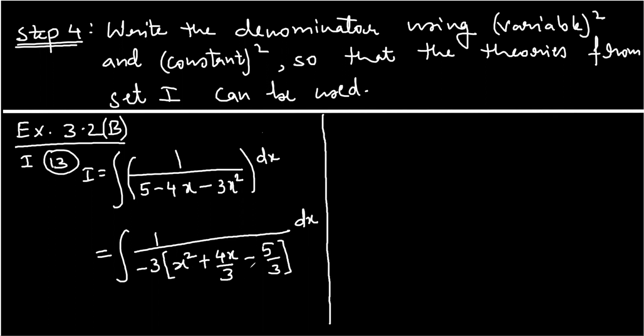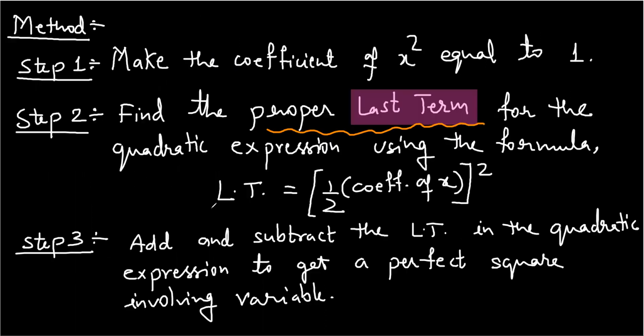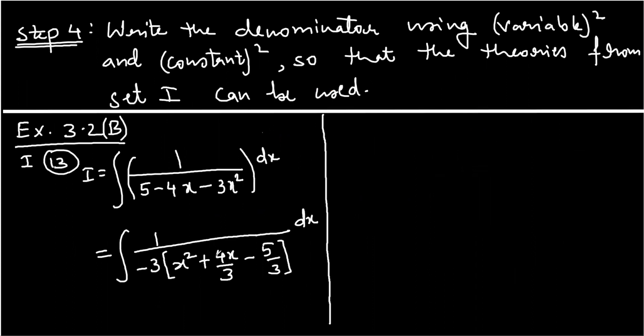Then what was the second step? The second step was to find the proper last term using the formula. What was the formula for the last term, students? The last term equals the square of half the coefficient of x. Here the coefficient of x is 4 upon 3.